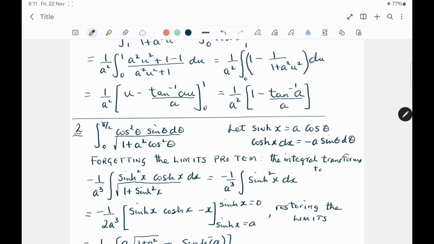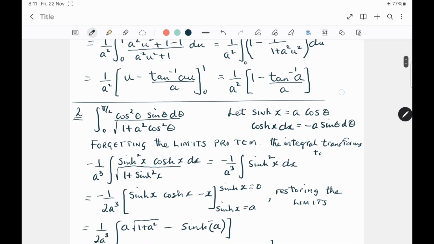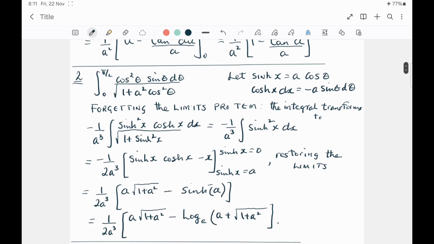Now this I've done by parts, and when I do that, I get this next line here, minus 1 over 2a cubed, sinh x cos x minus x, and then I've restored the limits: the bottom limit sinh x equals 0, and the top limit sinh x equals a. I've now got rid of the minus sign by switching over the limits.